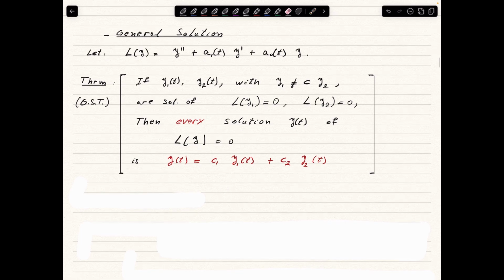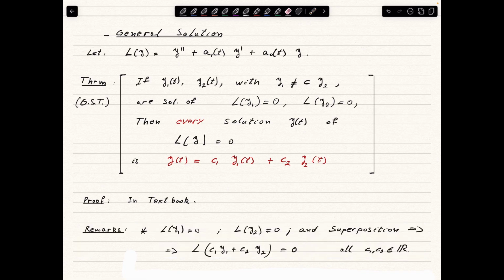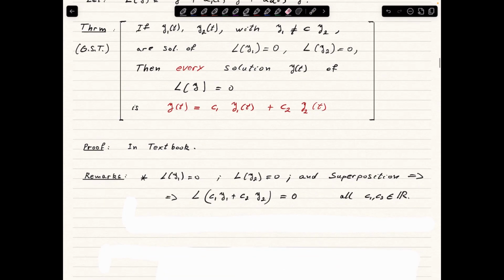The proof is in any textbook, and it's important to notice the one important word in this theorem, which is every, because we already know from the superposition property that if we have two solutions of the homogeneous equation, then any linear combination is also a solution.